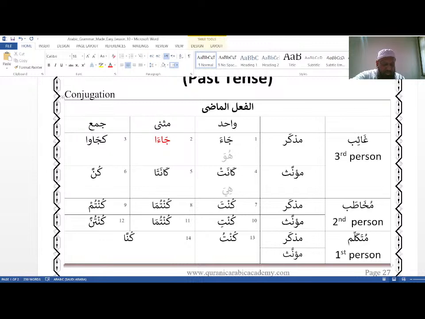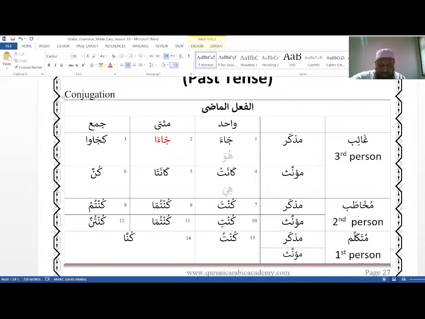Okay, what is that? Hamza. I'm looking for the Hamza. Bear with me. I know it's one of the keys.